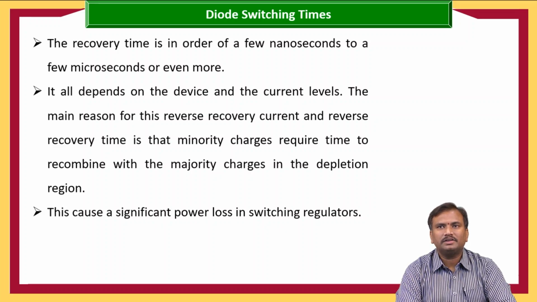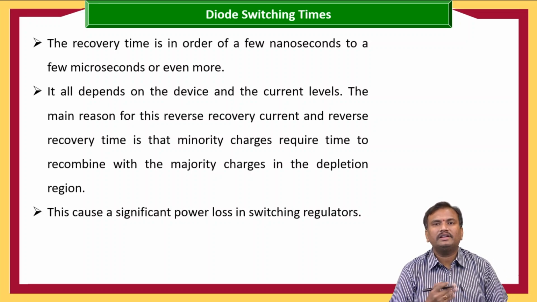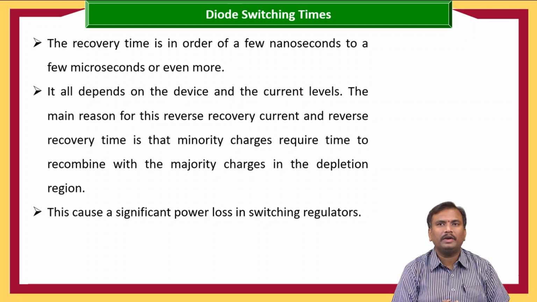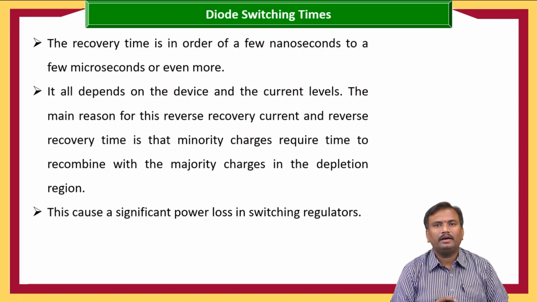And it all depends on the device and the current level. Whatever the reverse recovery time, it depends on the material we have used for the diode, the doping level, and the input which we have given under forward bias condition.